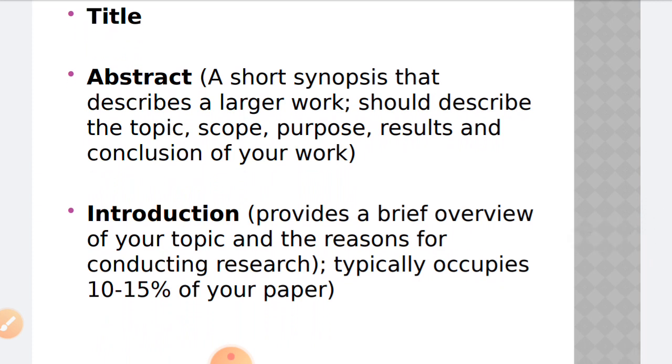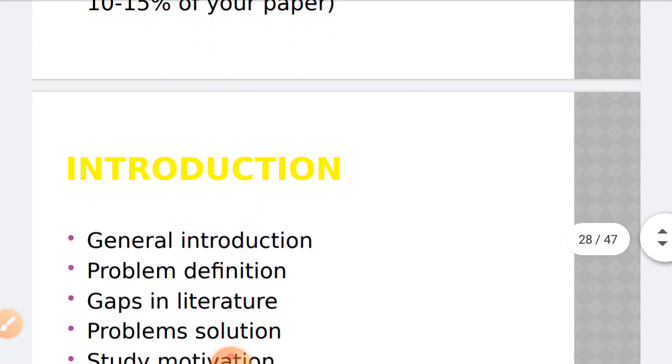Abstract is a short synopsis that describes a larger work. It should describe the topic, scope, purpose, results, and conclusion of your work. Introduction provides a brief overview of your topic and the reasons for conducting your research. Typically, the introduction occupies 10 to 15% of your research paper.